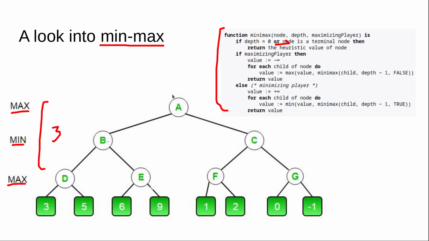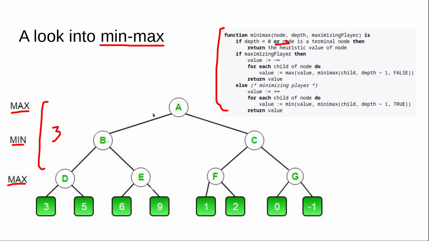When we start from the first node, we would see if the player is a maximizing player or a minimizing player. So we are in this part. Then we would set the value to minus infinity, and run a loop for both of these child nodes. We would go into a recursion loop and call the minimax algo again on this node.